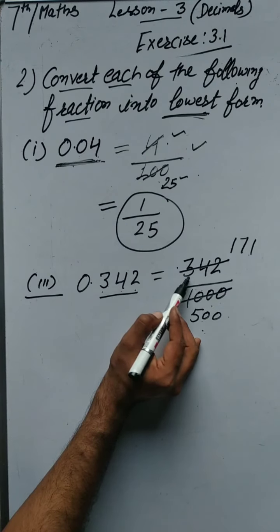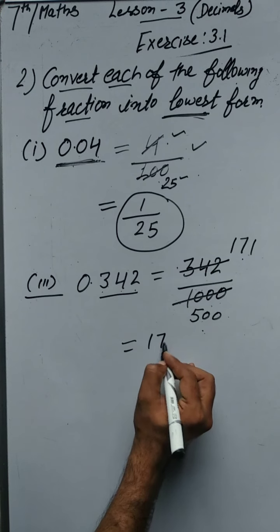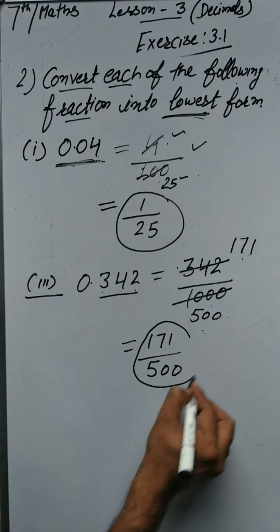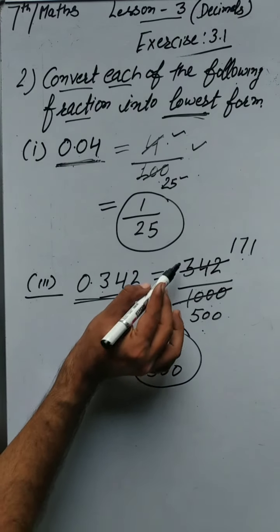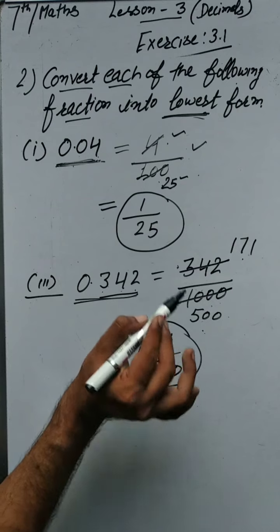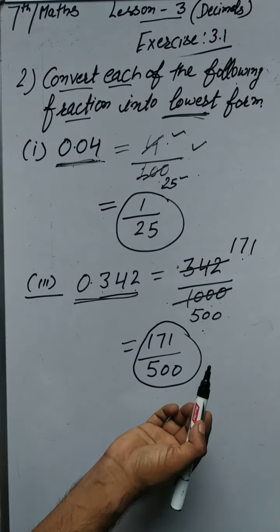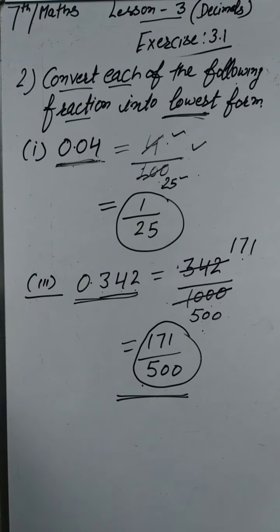When you divide 342 by 2, we get 171. Now it is 171/500. This is the lowest form. Means first you have to convert decimal form into fraction form. Then if you find anything common between numerator and denominator, cancel and obtain the lowest form. Clear beta?